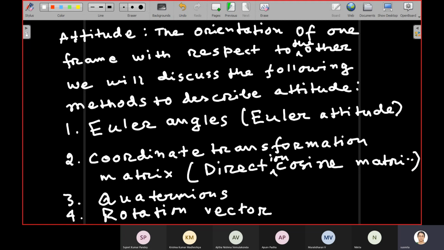Now we are going to discuss the first two methods in somewhat more detail. The next two, quaternions and rotation vectors, we will just define and will not spend much time on.